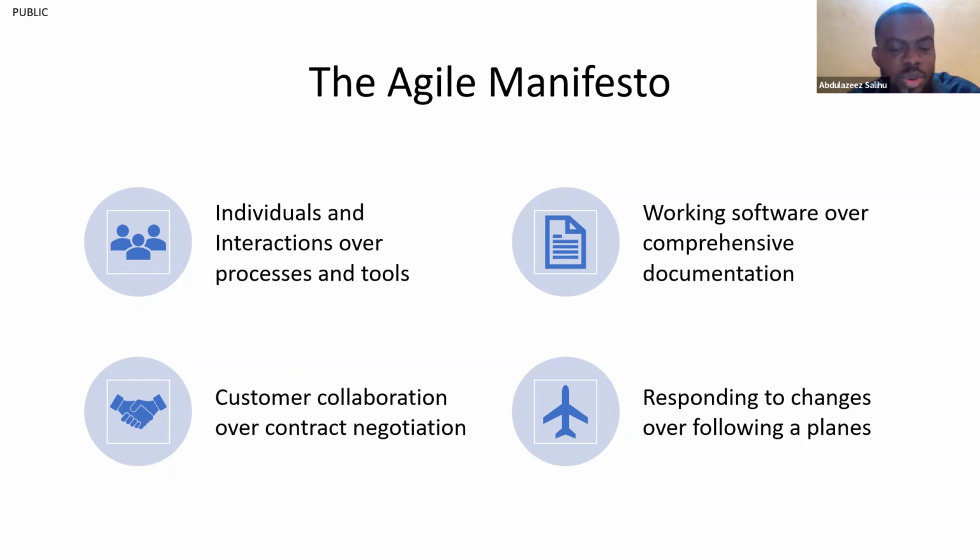The next manifesto is customer collaboration over what? Contract negotiation. We're not saying that there's no value in negotiation, but we're saying that customer collaboration is more superior, more value-adding than contract negotiation.